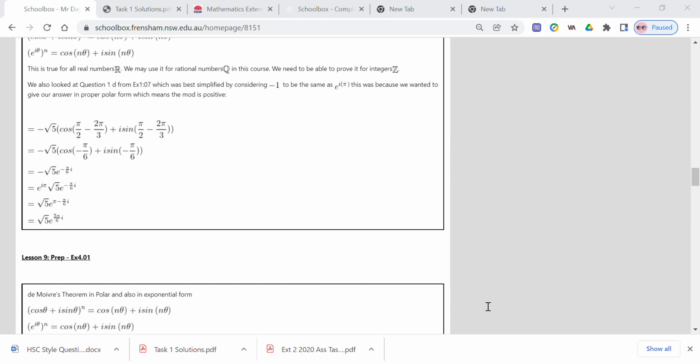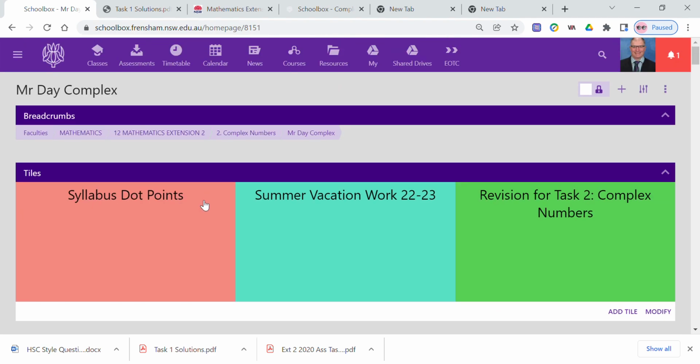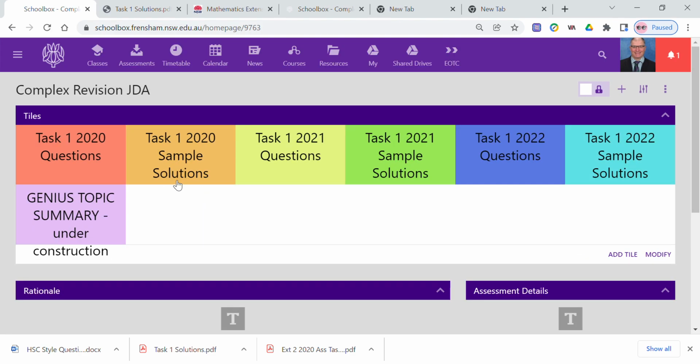That's all I've got up to, and it's nearly time to go, so I think we might finish there. But on your revision page for task 2, complex numbers, there's a few things you can do. You can look at the tasks that were for complex numbers in 2020, 2021 and 2022.